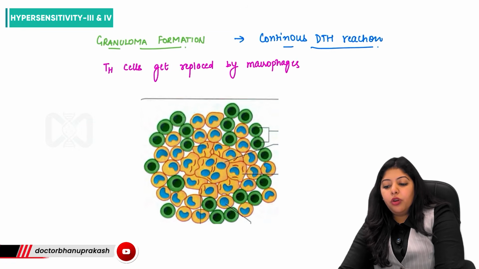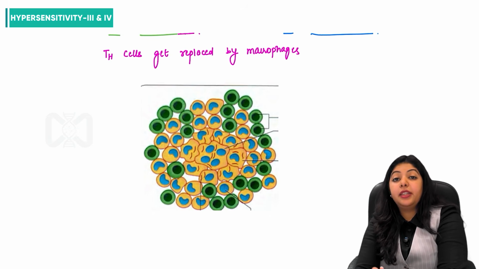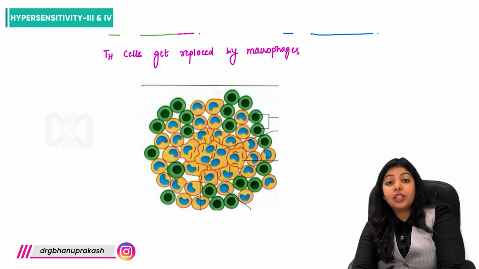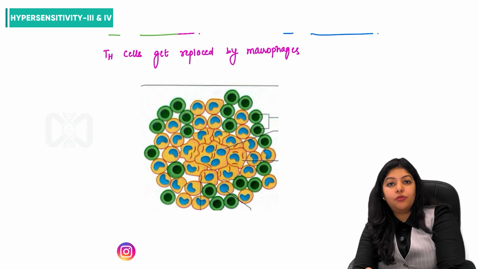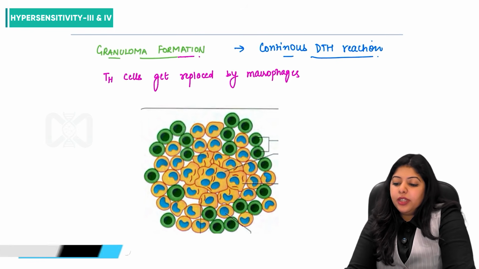So now moving forward to the pathology behind the granuloma formation which occurs in these conditions. A lot of granulomas are forming. We are well aware of granulomas in TB. Everybody knows that granulomas form in TB, right? So how are these forming?